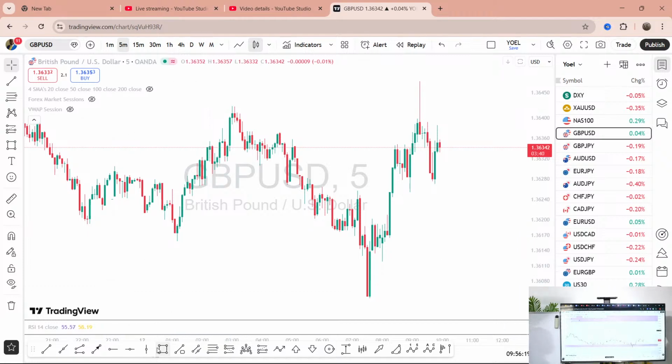If it is for a buy, explain the setup for a buy, and then the setup for a sell.